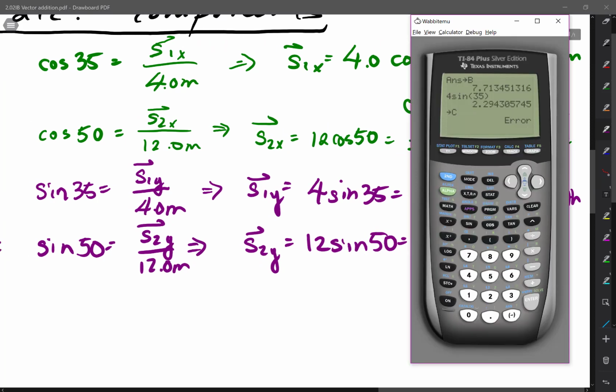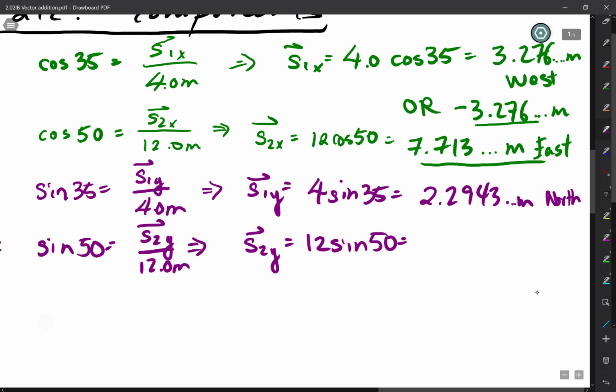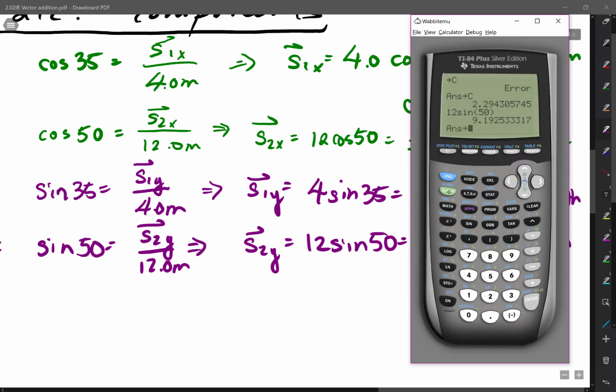Oops, I should have said, the previous one I'm going to save as C. There you go. And the new one, 12 times sine of 50, is 9.19 meters, and this gives me it in north. I will also save this as the letter D, so I can use that again.